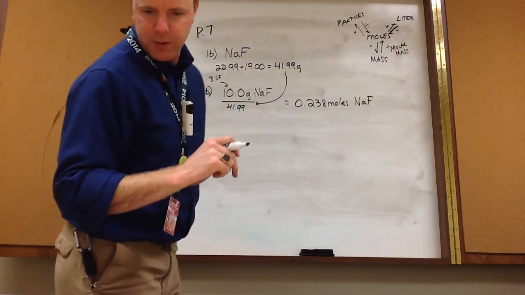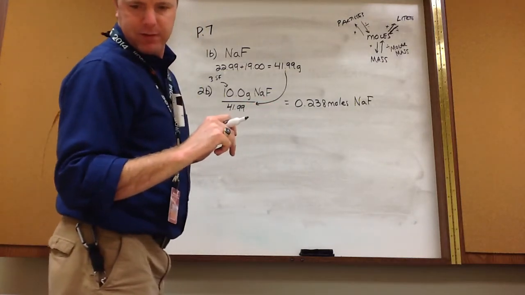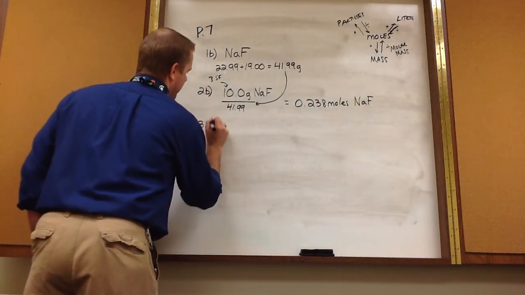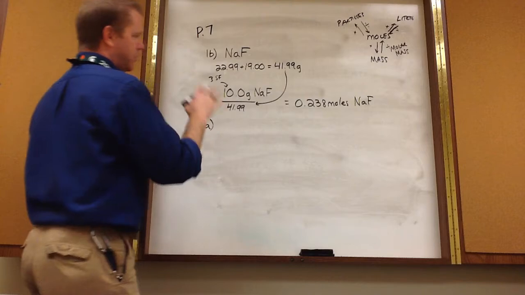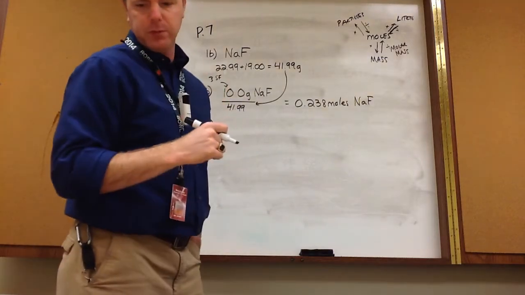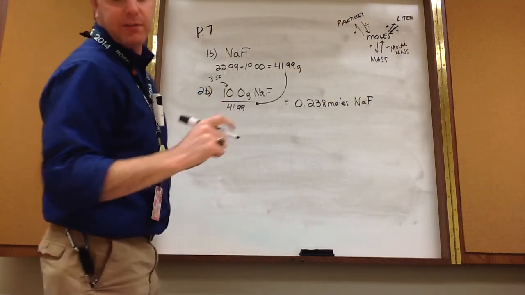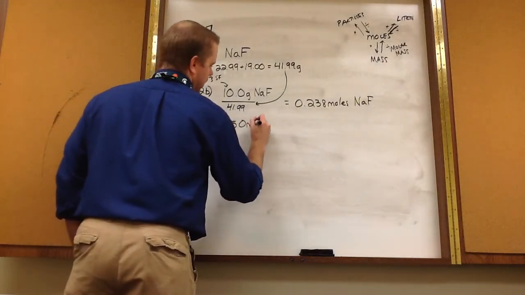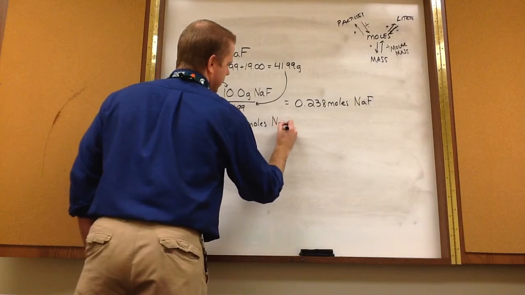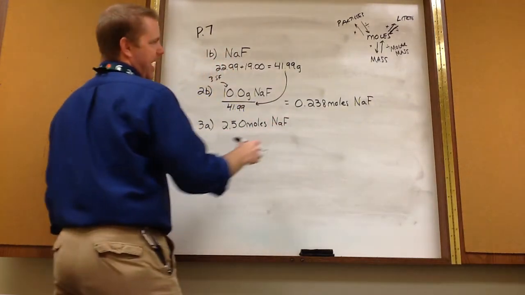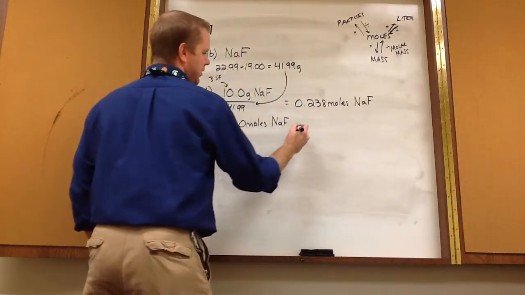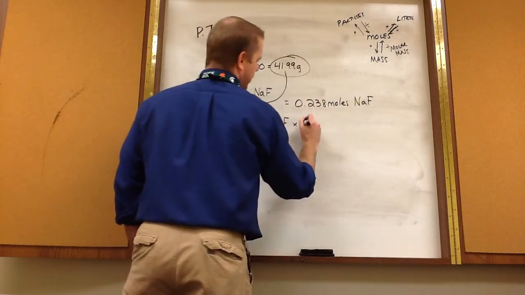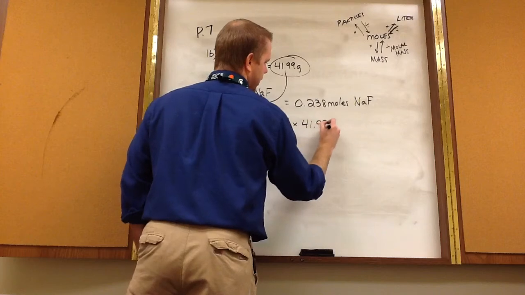Continuing along, let's do 3A. I'm doing all the ones basically that involve NaF, for time purposes mostly. So it says, okay, if I give you 2.50 moles of NaF, it wants to know now what is the mass. So now we're going moles to mass, so we're multiplying by the molar mass, which we found out here is 41.99 grams.